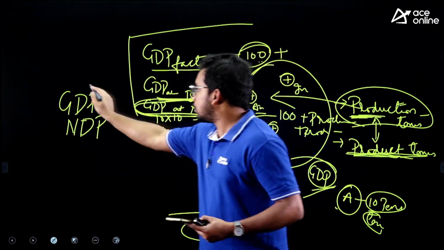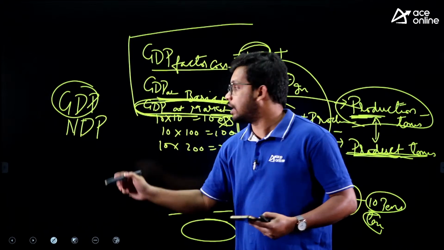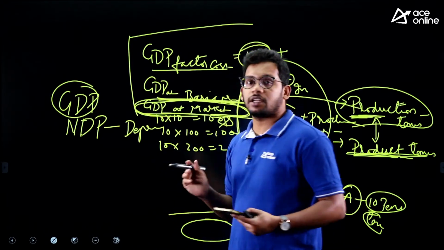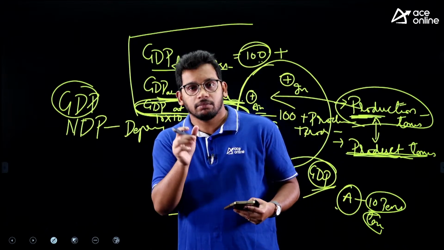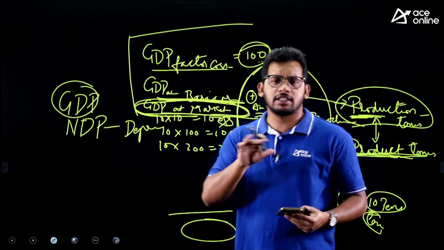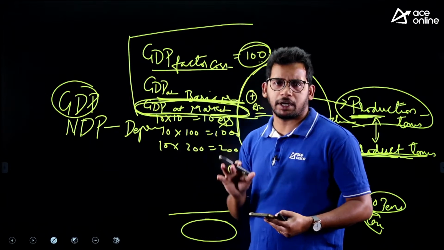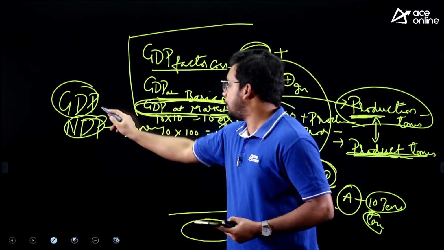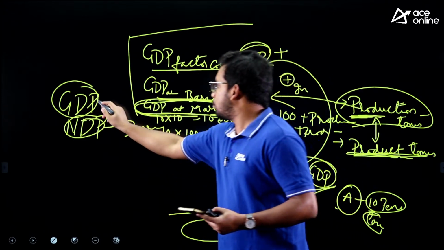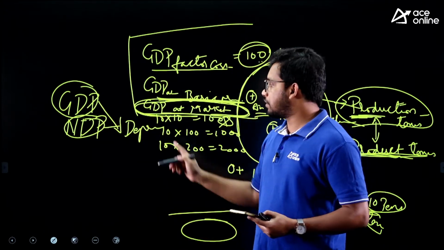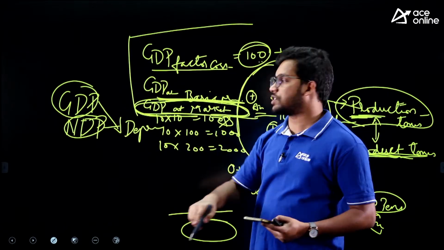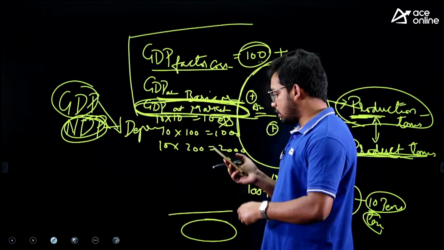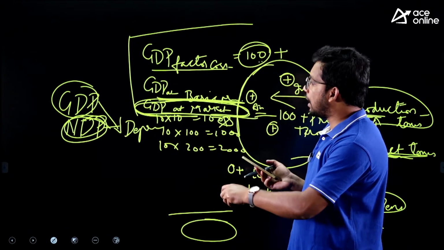So in the total GDP of next year, I remove the depreciation. Depreciation means the used value, the reduction in quality of that particular machine. So NDP is equal to GDP minus depreciation. If you subtract the depreciation of goods already produced last year, we get the net domestic product. So this is all about GDP and NDP.